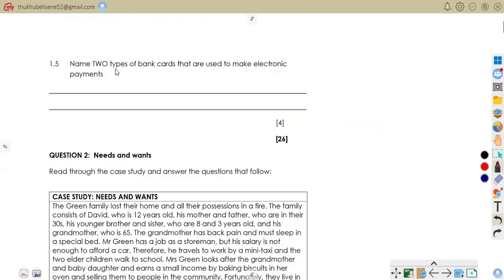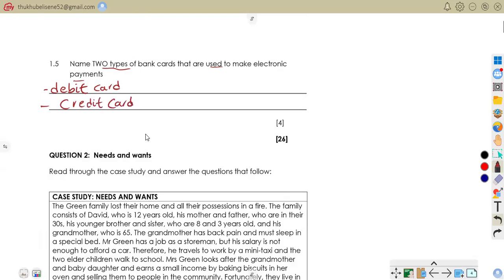Name two types of bank cards that are used to make electronic payments. We have the debit card and we also have the credit card.